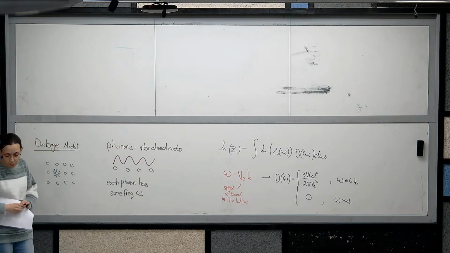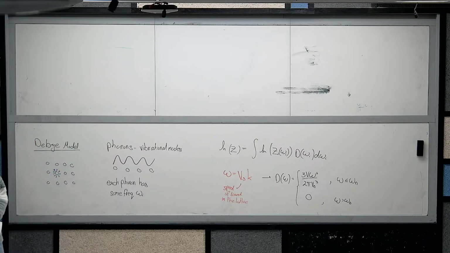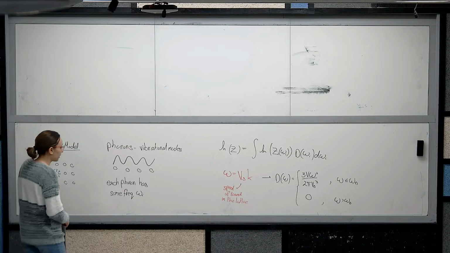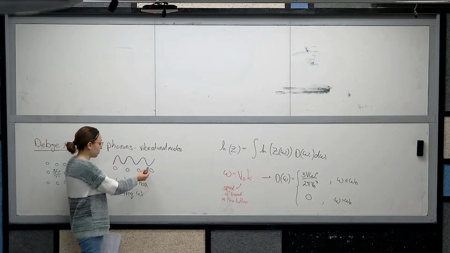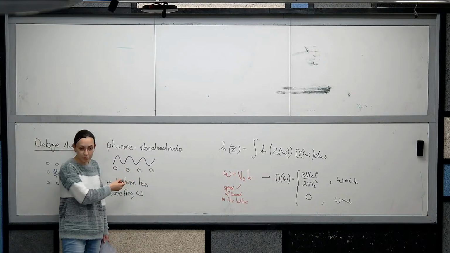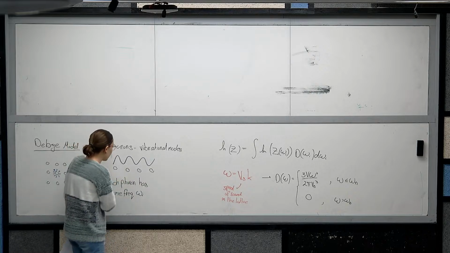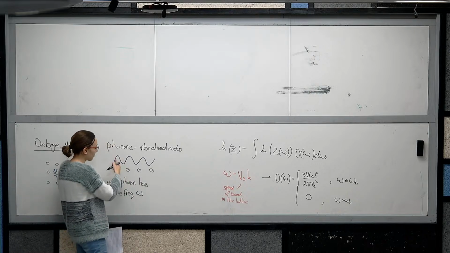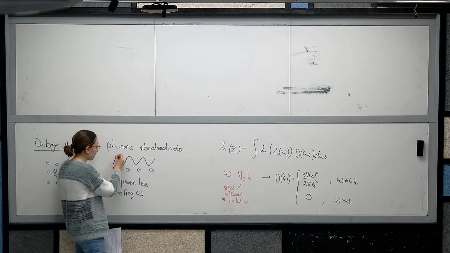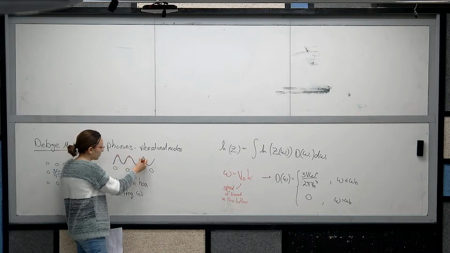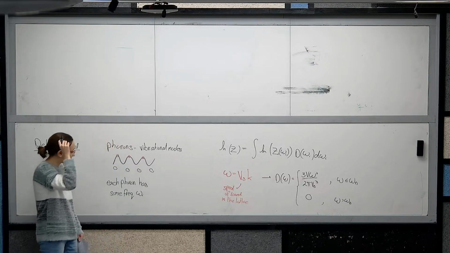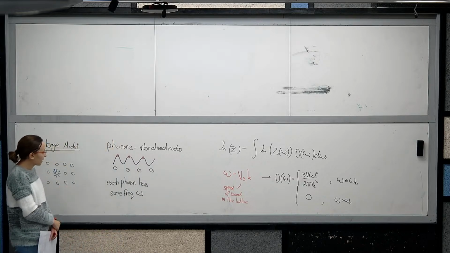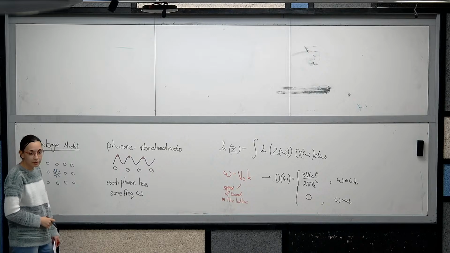Okay, so in order to describe it with a finite number of atoms, let's say we want a frequency like this, but we have atoms only in the peaks of the wave.